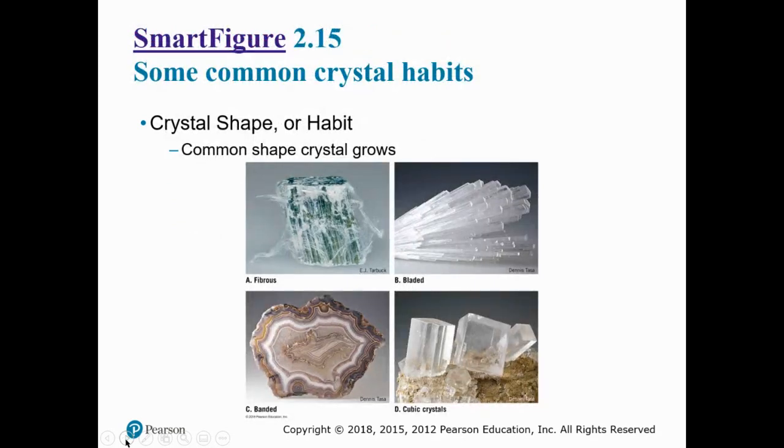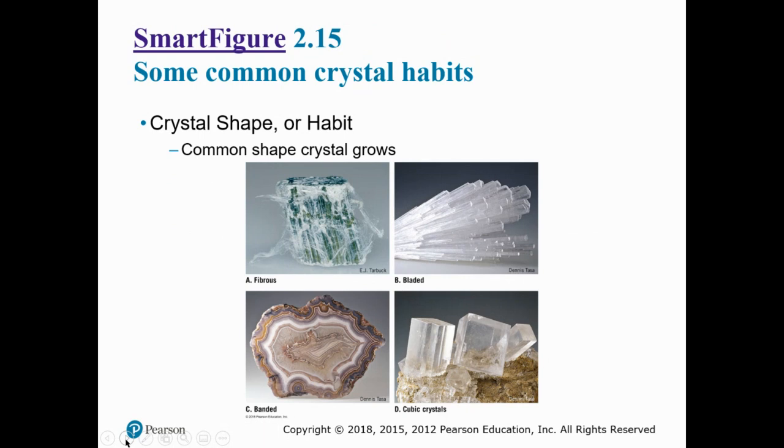Then we can look at the shape of a crystal. So again, minerals have these crystalline structures, and so we can use the crystal shape or habit to look at the common or characteristic shape of individual crystals or aggregates of crystals.